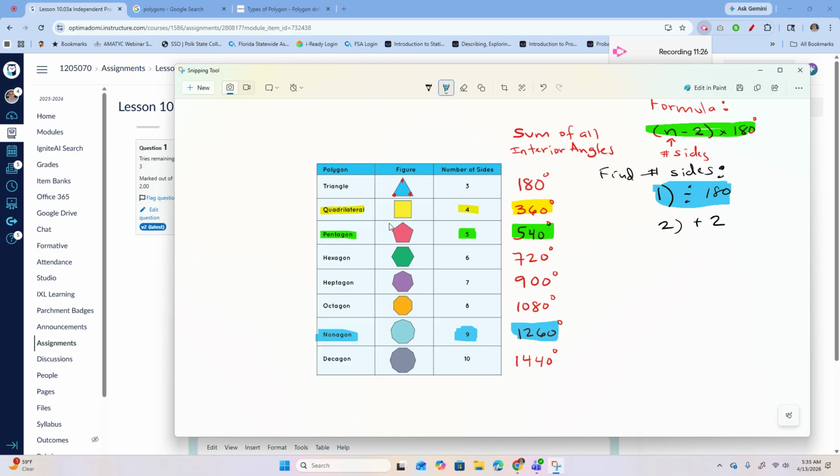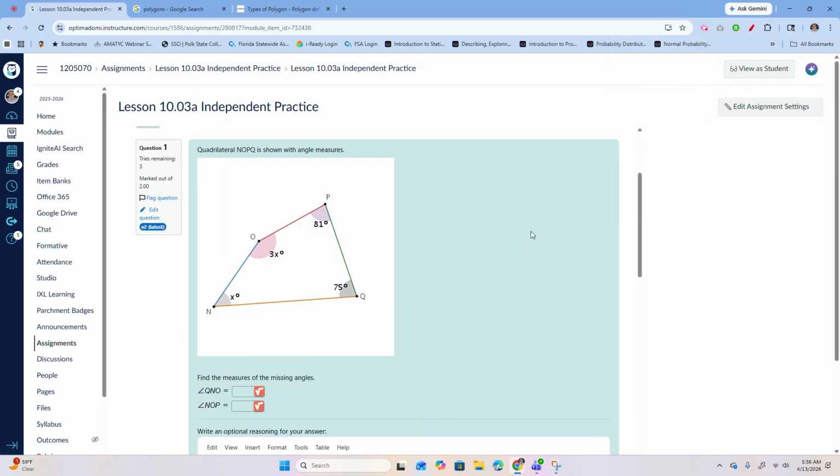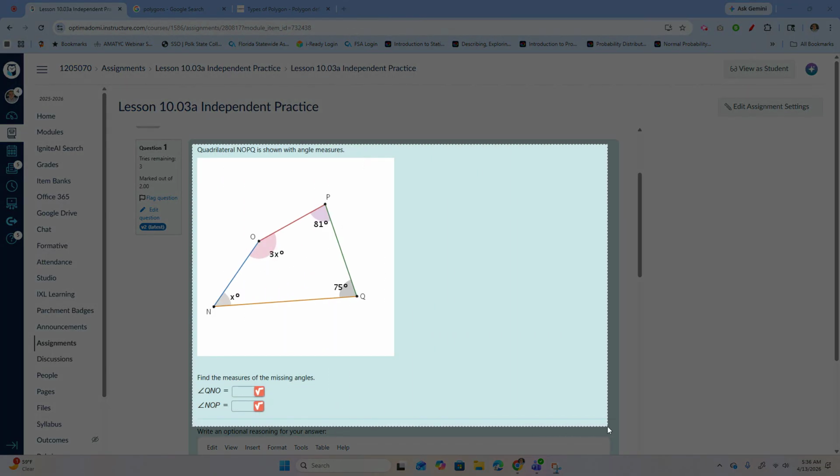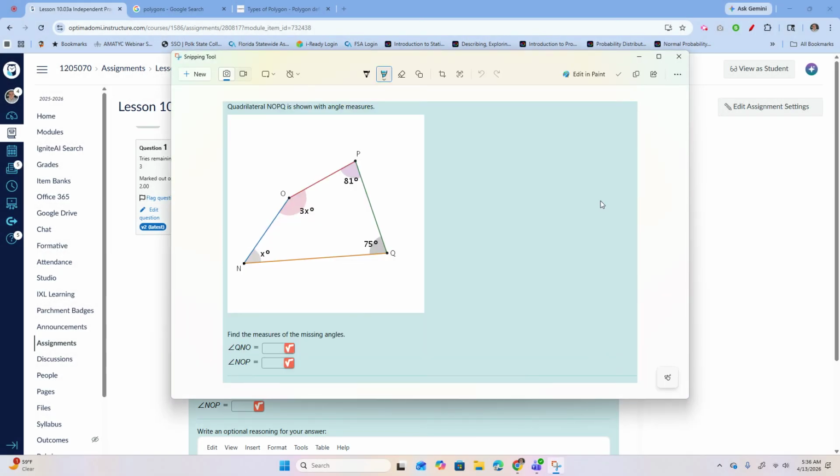When you look at this table again, a 4-sided shape is called a quadrilateral. And that means that all 4 angles add up to 360. So knowing that fact, what I'm going to do now is add all the angles inside this quadrilateral.